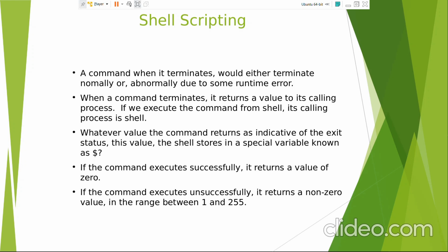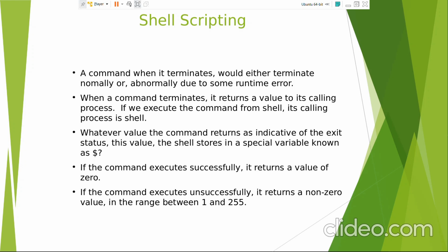So to put it in a nutshell, the exit status of a command is stored in the variable $? by the shell. Any command when it executes and just terminates, it may terminate normally or it may terminate abnormally. If the command terminates abnormally, it returns a non-zero value in the range between 1 and 255. And if it terminates normally, it would return a value 0. If you are executing the command from the shell, the shell would be the parent of that command.